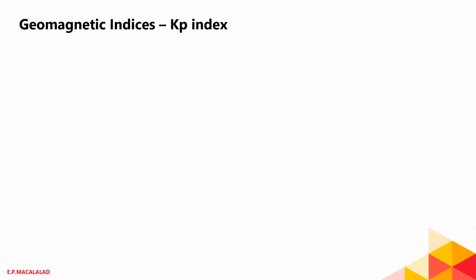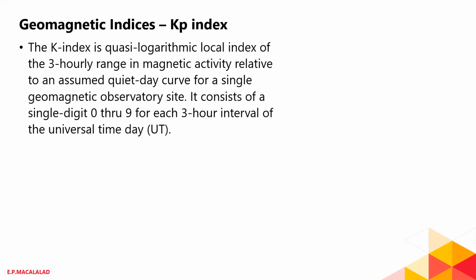And last, the major geomagnetic index that we would like to talk about today is the KP index. KP index is a collection of several observatories that measure a K index. The P here tells you that it is a planetary index.